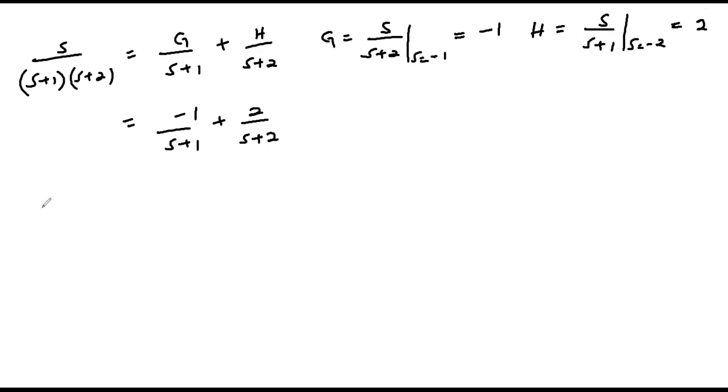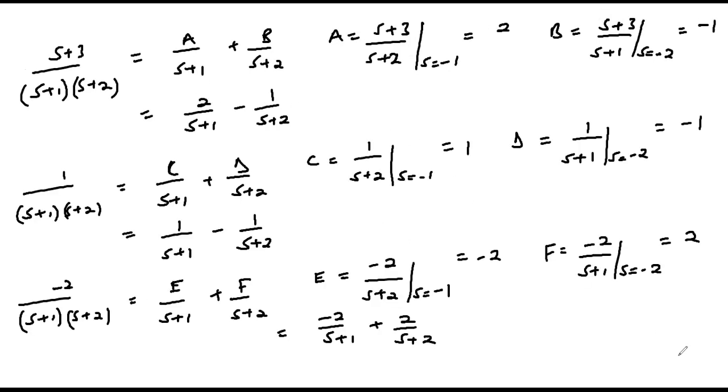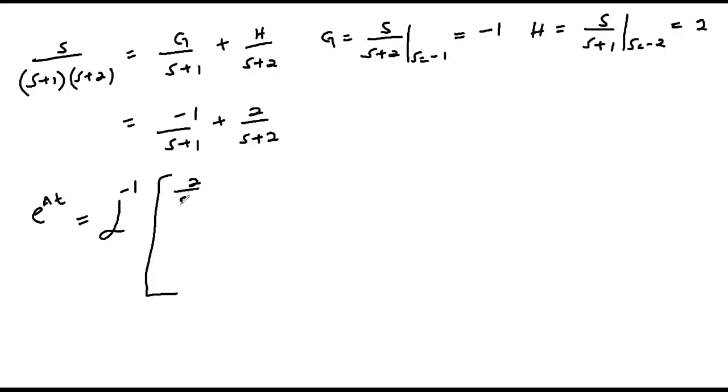That means we want to determine our exponential At, which is the inverse Laplace transform of our terms. So we have 2, negative 1. So this is 2 over s plus 1 minus 1 over s plus 2.